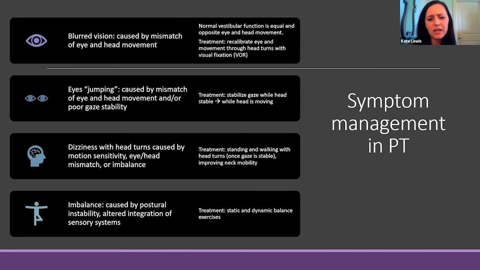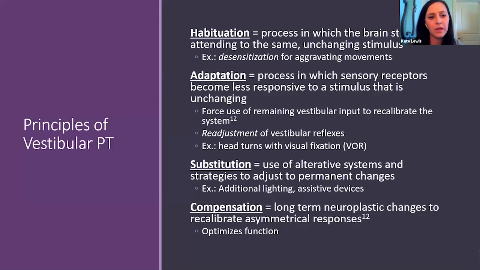We work on static and dynamic balance exercises. So we want to make sure that you can maintain your balance when you're standing on even and uneven surfaces. And then we want to make sure that you can maintain your balance when you're walking, changing directions, turning your head on even and uneven surfaces as well.